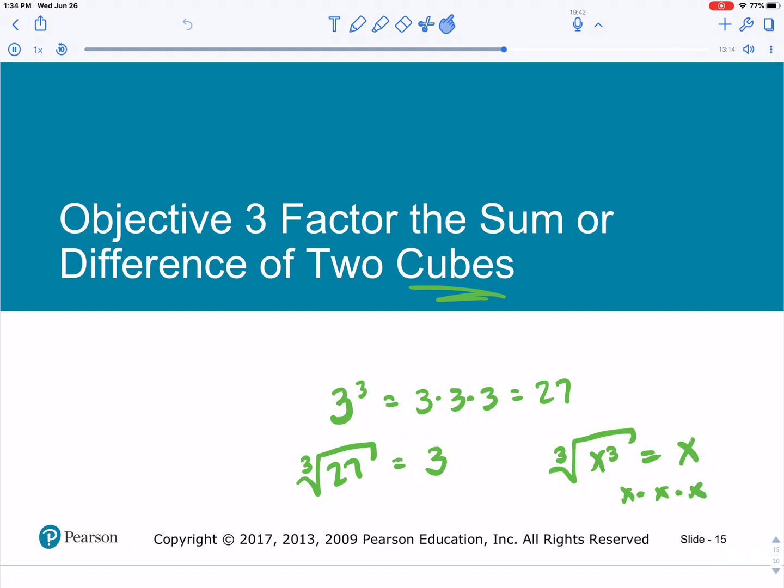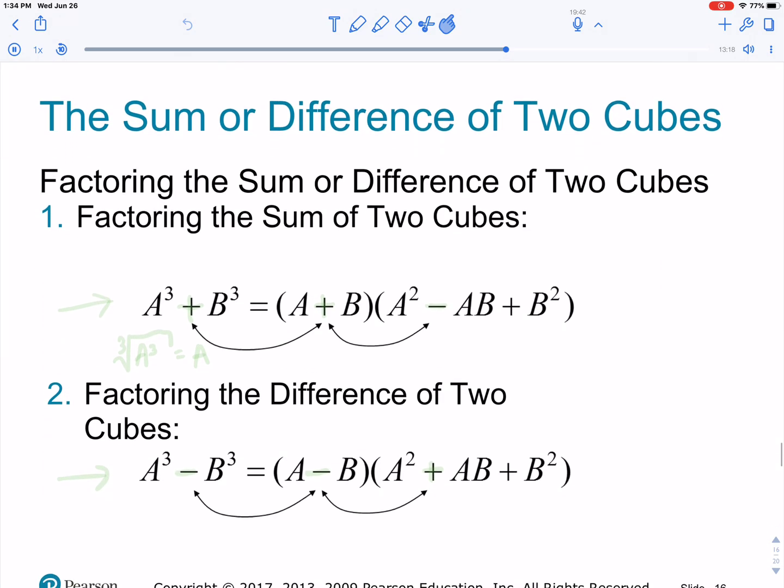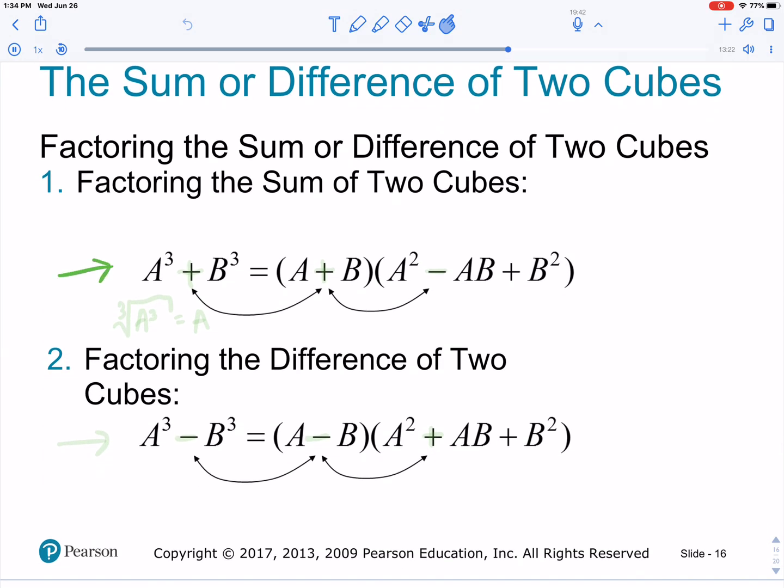So you just got to think about threes this time. Okay, so these are your patterns that you want to make sure that you understand and write down, put them on a note card or something. If you notice the pattern, the first one is a plus, and then the second one's a minus. Same thing down here.